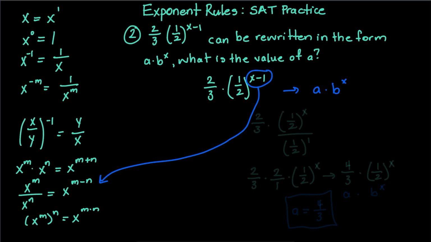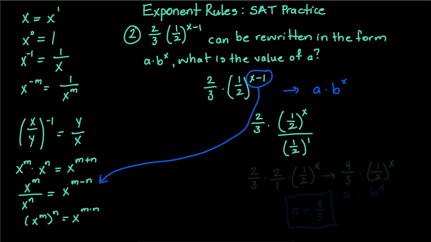So that means we have 2 over 3 times 1 over 2 to the x all over 1 over 2 to the first, because that's our rule. If I was subtracting, then I had two things I was dividing with the same base.